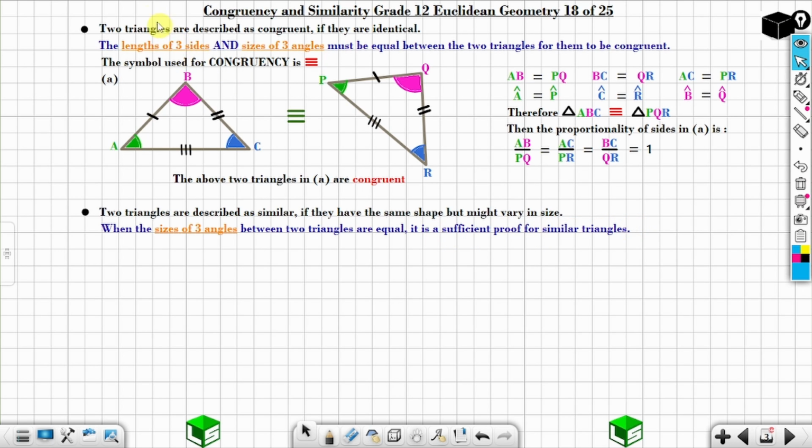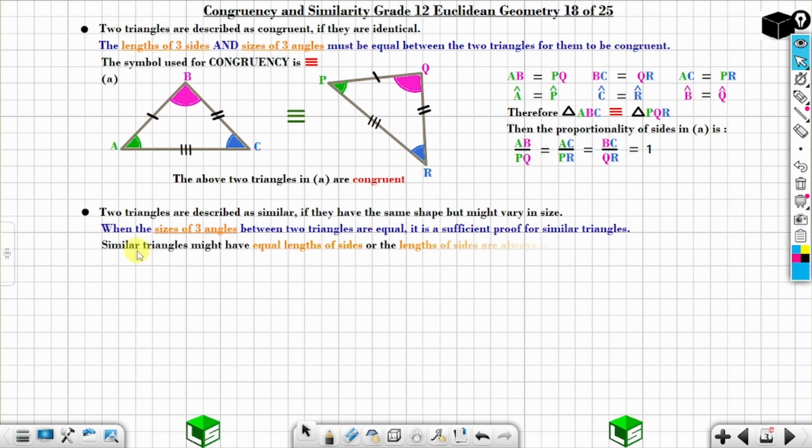In the case of congruency, you need to check the lengths of the sides and the sizes of the angles. In the case of similarity, you need to check only the angles.